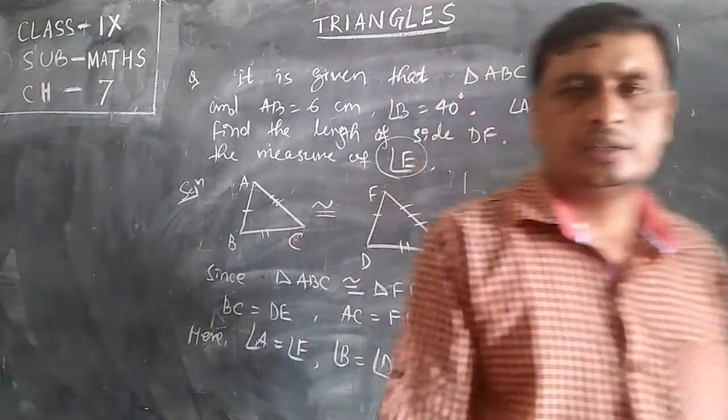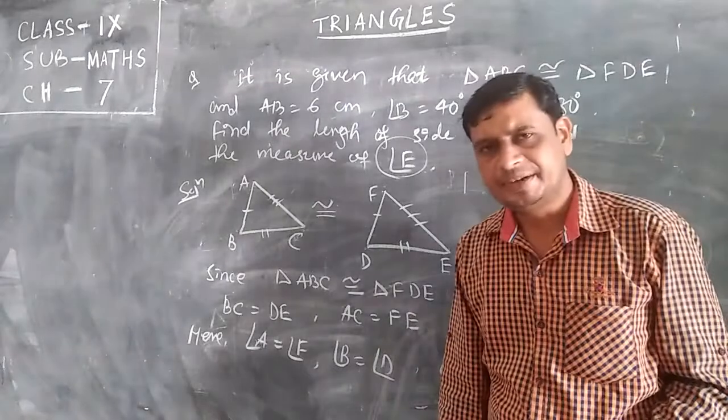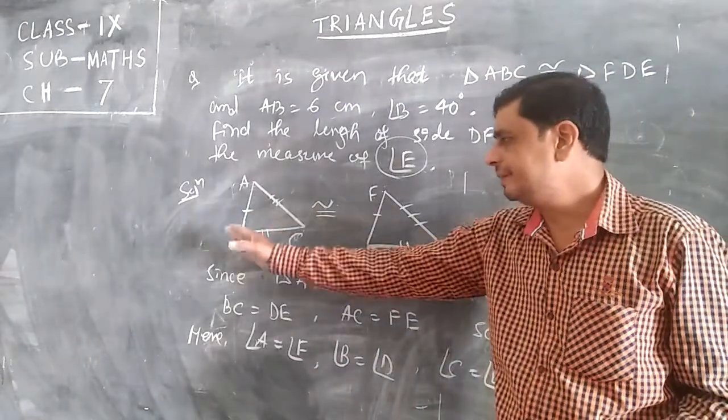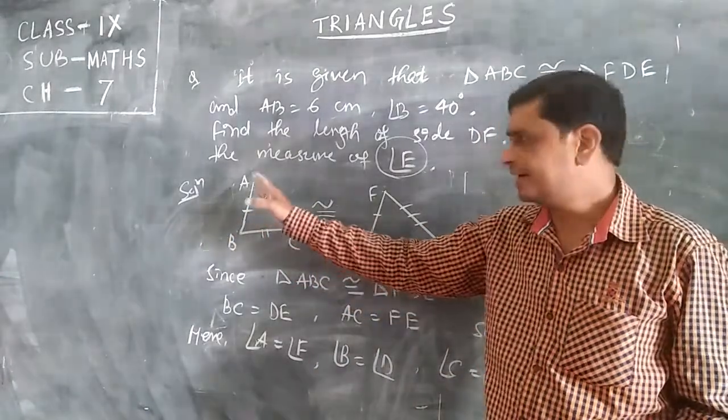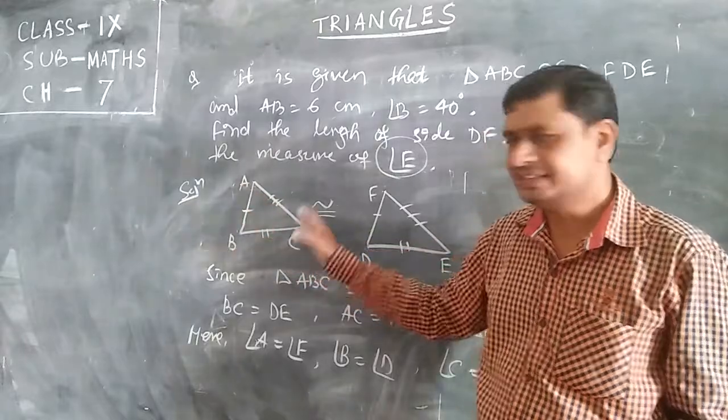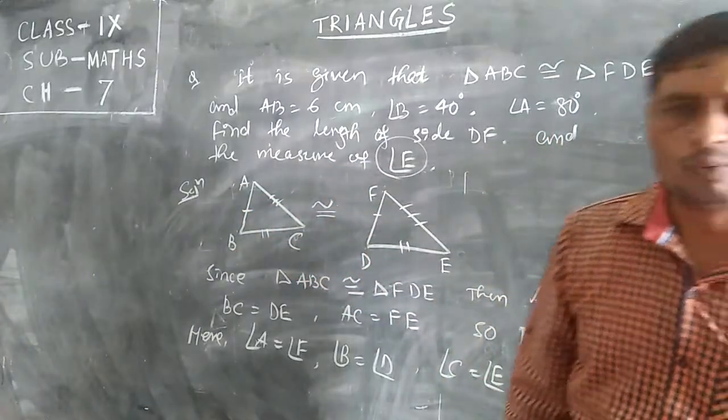But we know the angle sum property of any triangle. In triangle ABC, the sum of all the angles A, B and C is equal to 180 degrees.